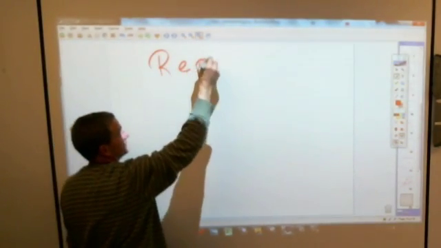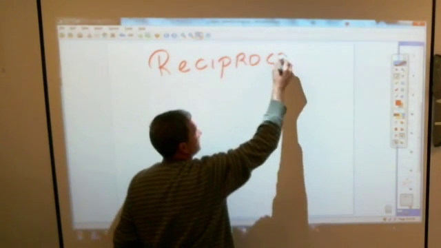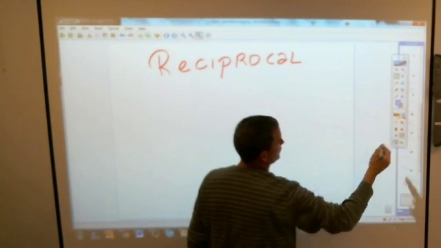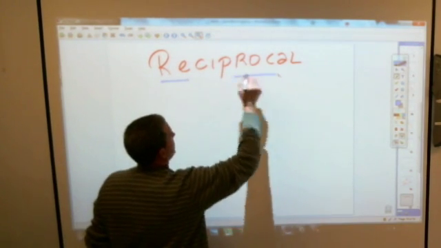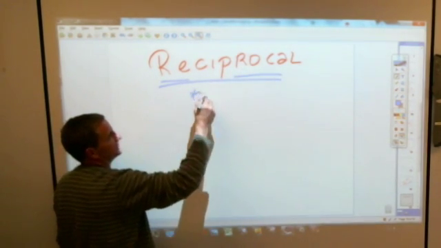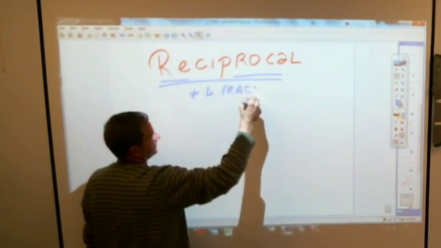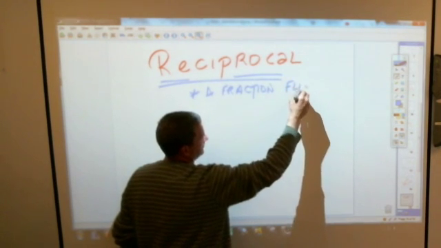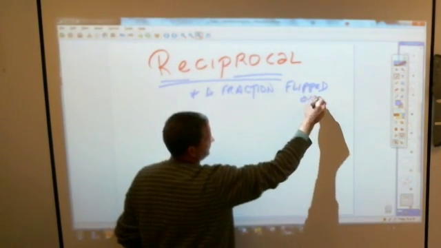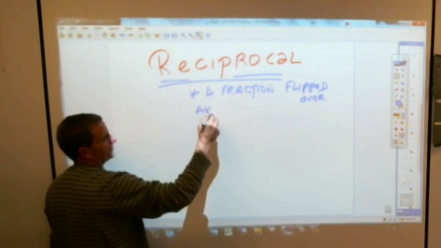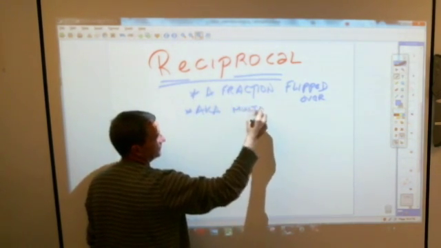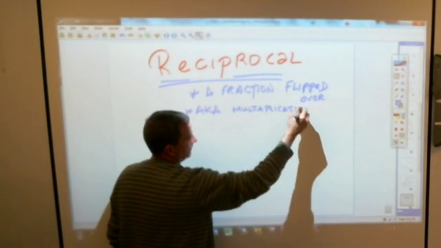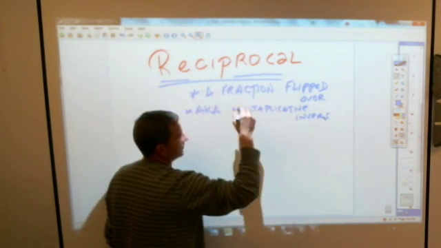No, blank piece of paper, because we got one more little note here. And this is reciprocal. A reciprocal, children, is, simply put, a fraction flipped over. It is also known as, and this won't come up until next year, the multiplicative inverse.